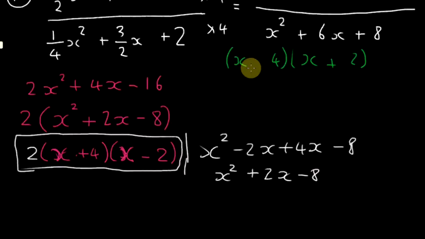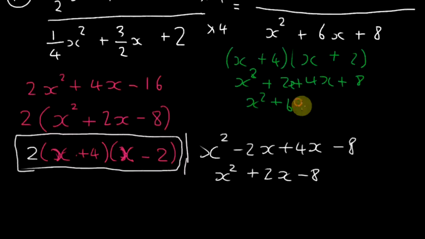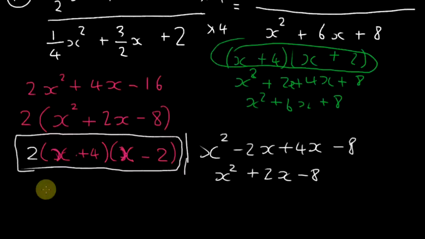Actually, I think I'm going to go for this. We'll do that. Gonna check that: x squared plus 2x plus 4x plus 8. Yeah, that's right. So x squared plus there's an x there. Okay, so there we go. That is our denominator, and that comes over here.